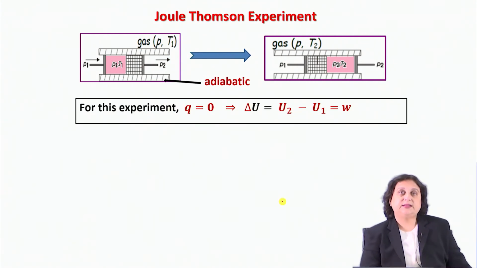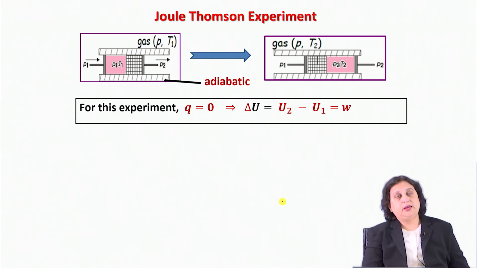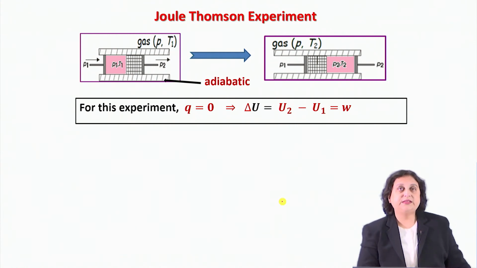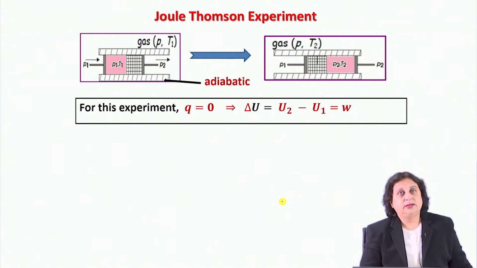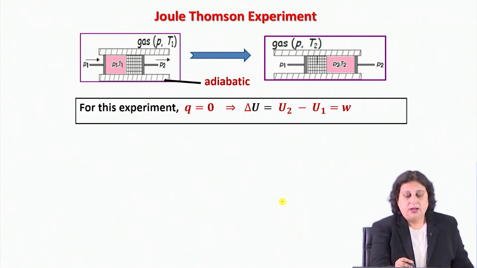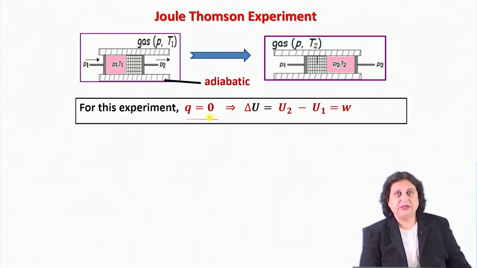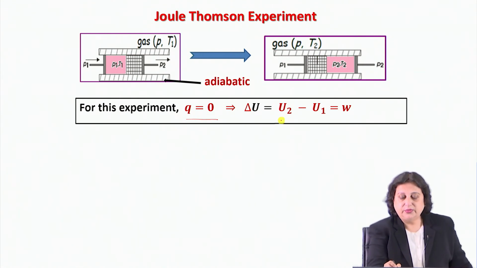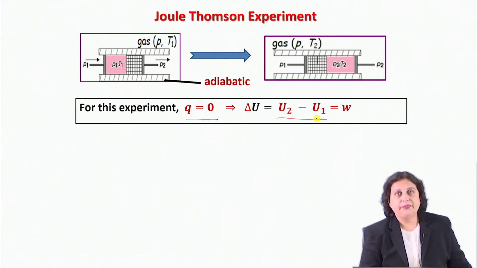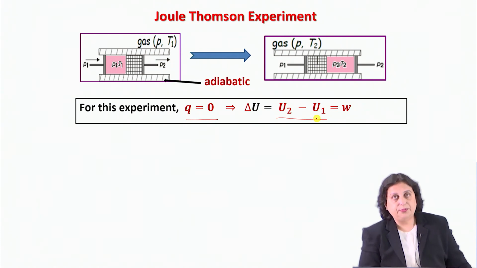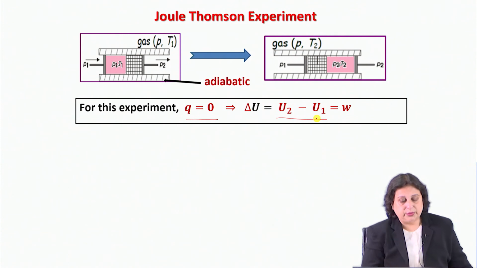To understand this, this is what we derive from this experiment by the design of it. This entire experiment was carried out under adiabatic condition. Therefore, Q is equal to 0. Then the first law of thermodynamics tells me that delta U, which is U2 minus U1, must be equal to W. Now, what is this W?